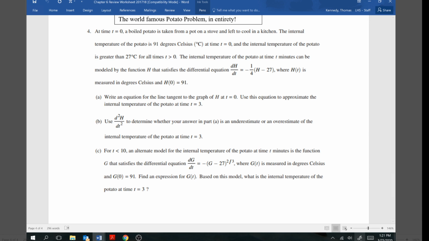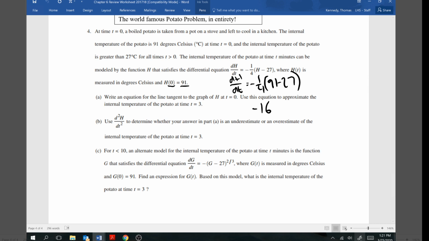So this is entirely Algebra 1 level math here, because all we have to do is say, hey, when time is 0, the temperature is 91. So I can find the slope by plugging in 91 for h. And 91 minus 27 is 64. Negative 1/4 of 64 is negative 16.